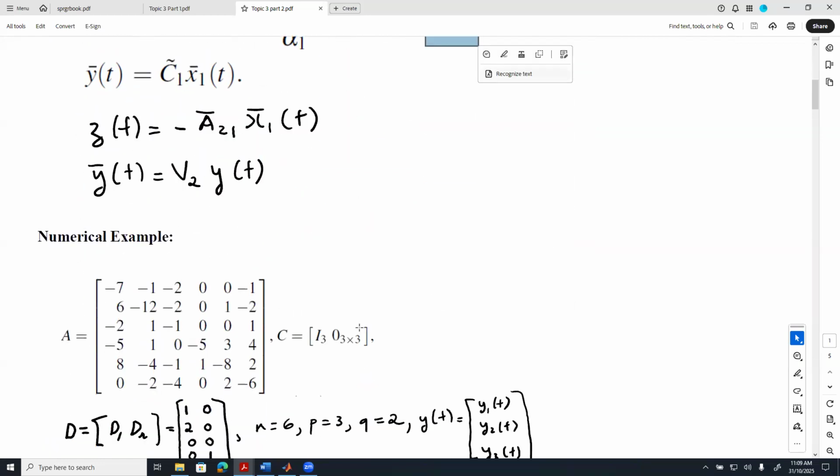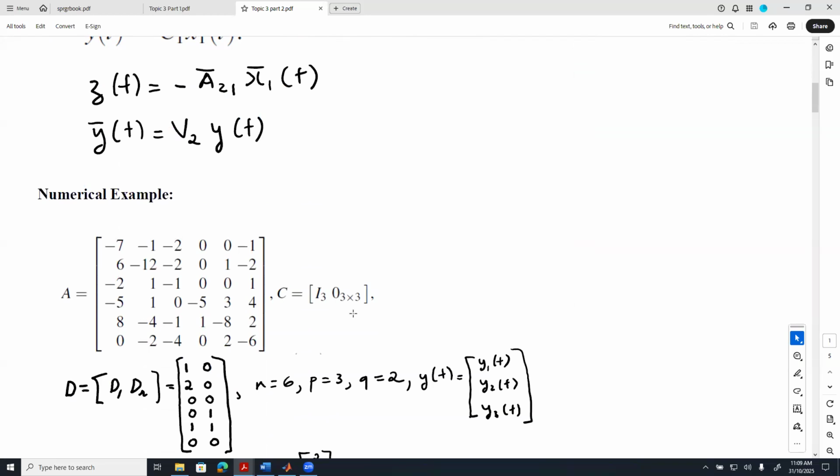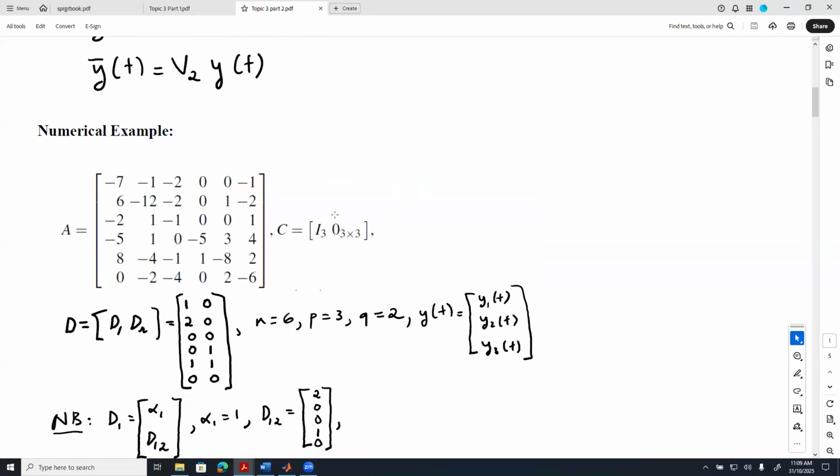So we would like to take an example and demonstrate how it can be done. We pick an example where we did the decomposition in the previous talk. So we pick matrix C like before.